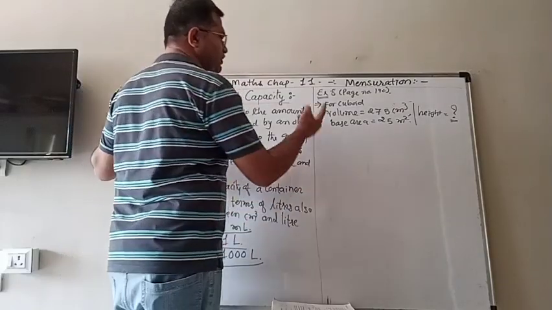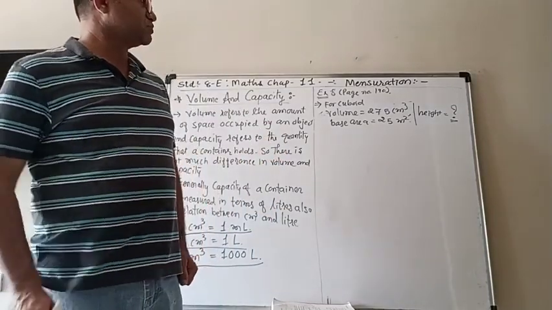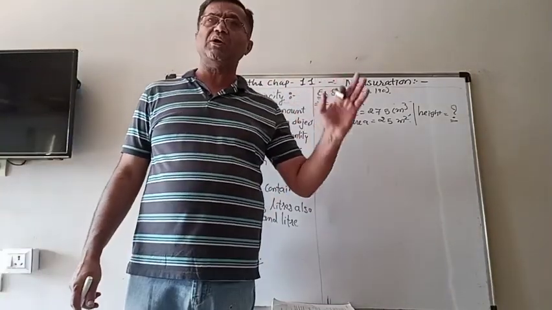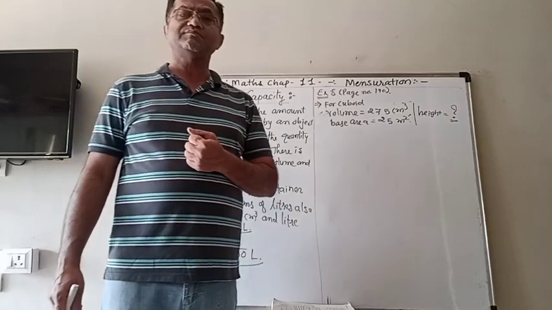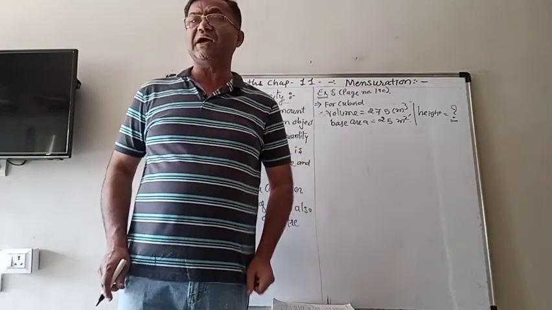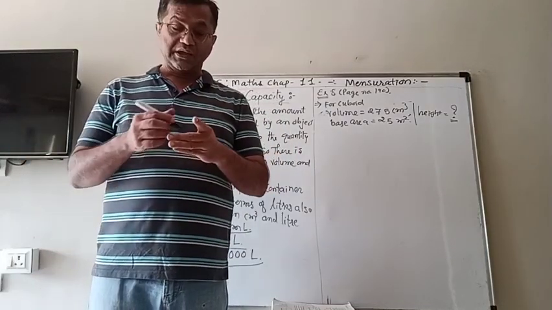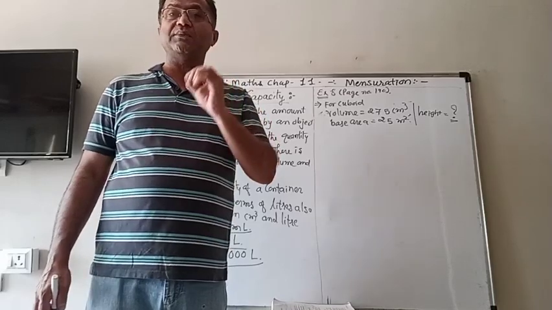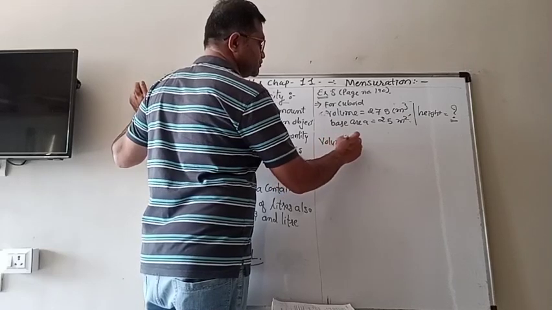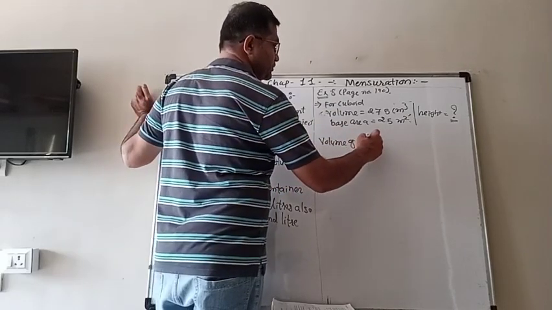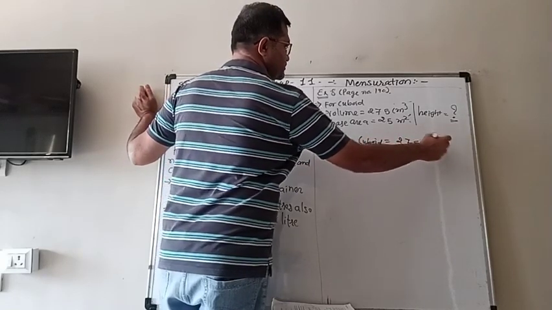So now for the volume we have two different formulas. One is for the cuboid, length into breadth into height, L into B into H. But here, when the area of the base is given, then we use the other formula. What is that? Volume of cuboid is equal to area of the base multiplied by height. So now the volume of the cuboid is given as 275 centimeter cube.